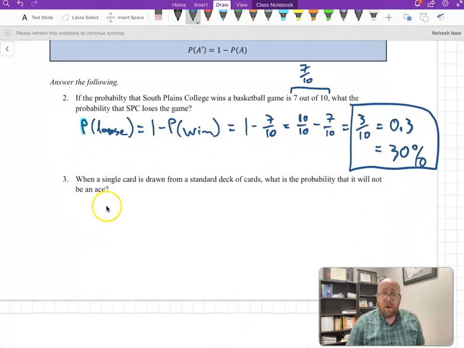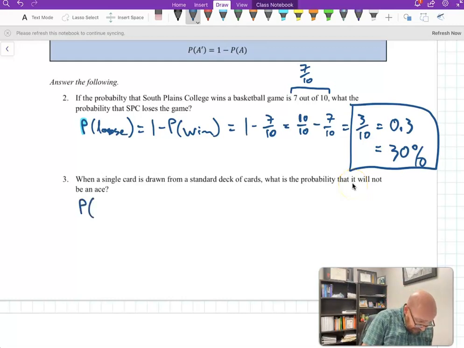When a single card is drawn from a standard deck of cards, what is the probability that it is not an ace? So the probability that it is not an ace is equal to 1 minus the probability that it is an ace.